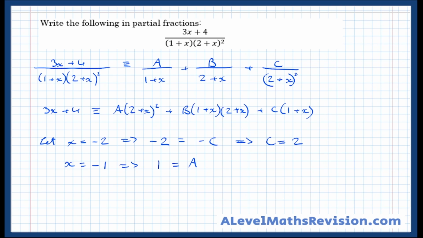So remember before I said that any single value of x will work. Well, I'm going to choose the easiest value of x I possibly can that we haven't already used.